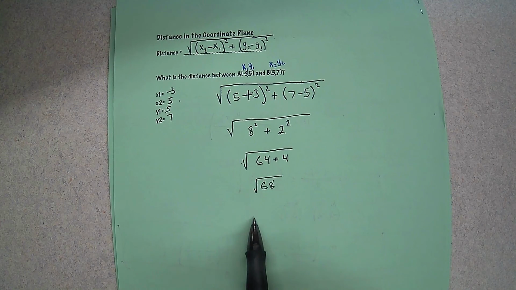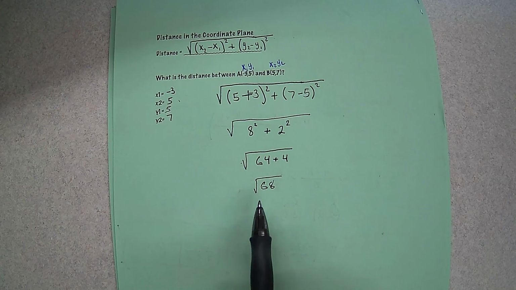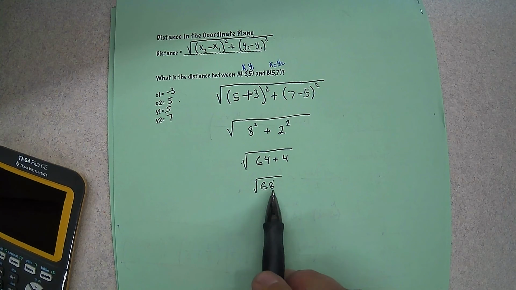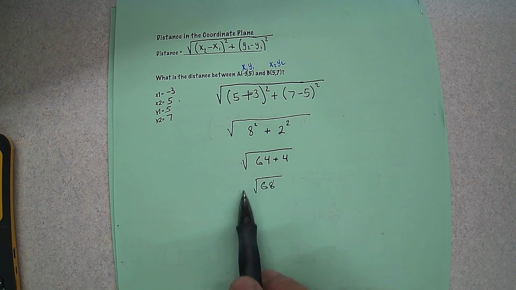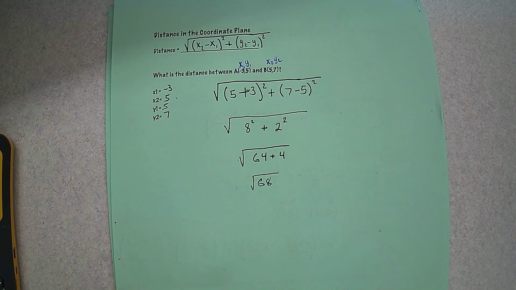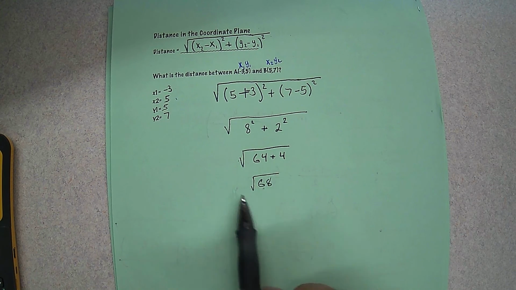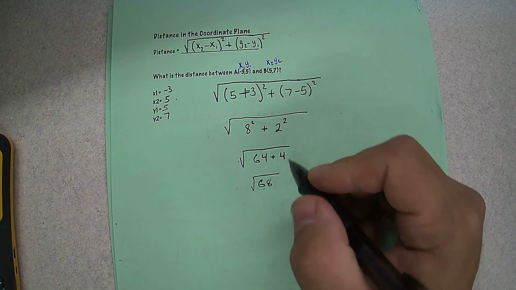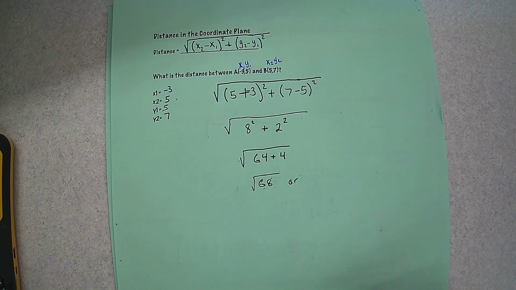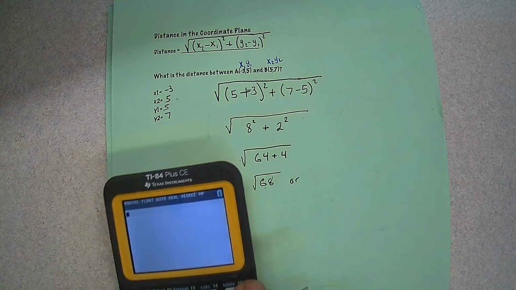This is going to be our most exact answer, and sometimes I'm going to say to leave the answer exact. And if it's an exact answer, it's going to be just what's under the square root, because this is not one of our perfect squares. So sometimes you can just leave it like this. Or you may see round it to the nearest hundredths.